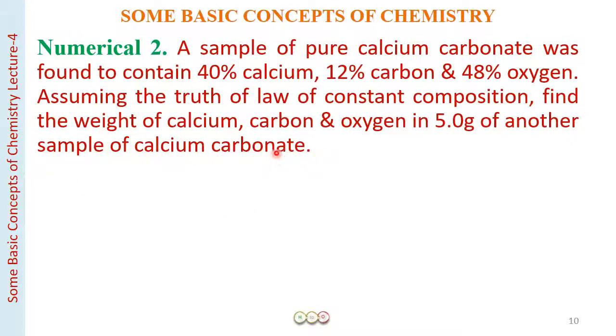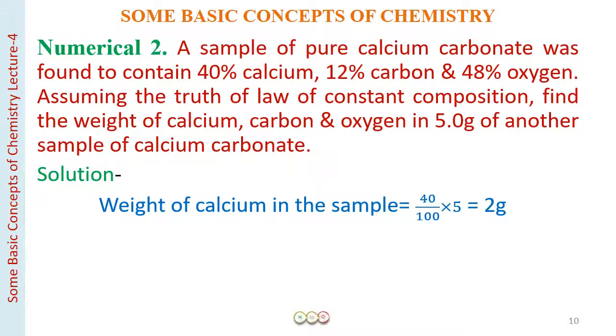So we have calcium carbonate, the compound is the same, so the percentage of the elements has to be the same, right? So in this 5 gram, the percentage of each element is going to be the same. So calcium also 40%, carbon also 12% and oxygen also 48%.